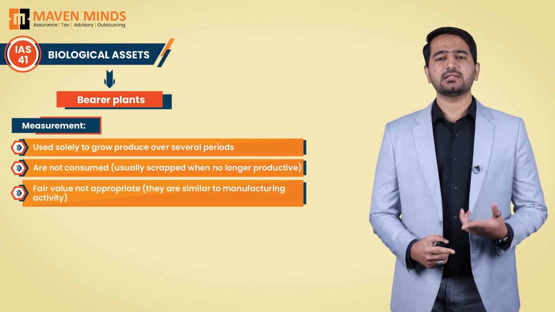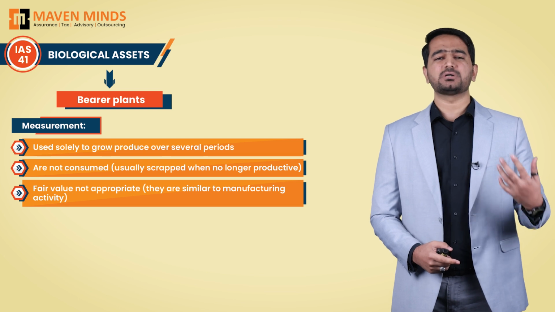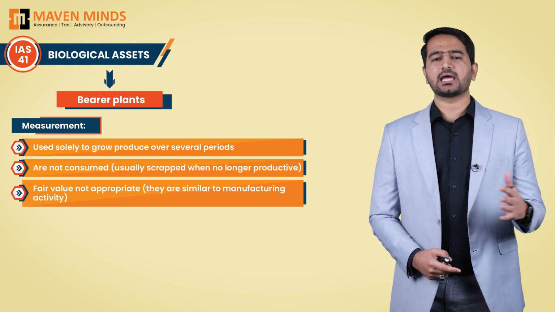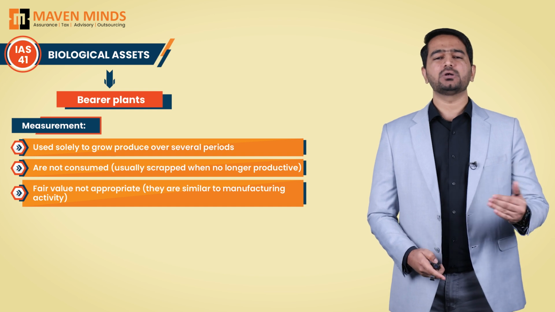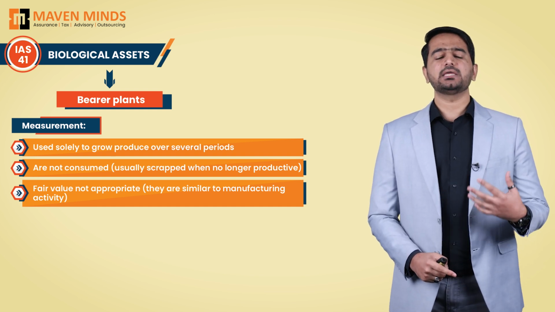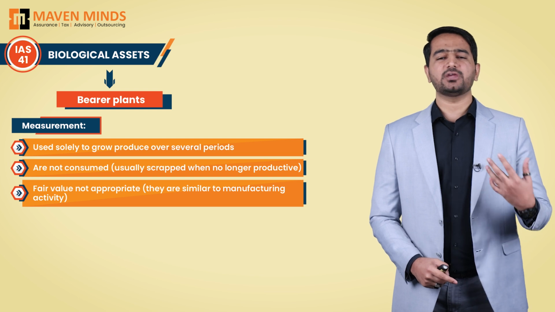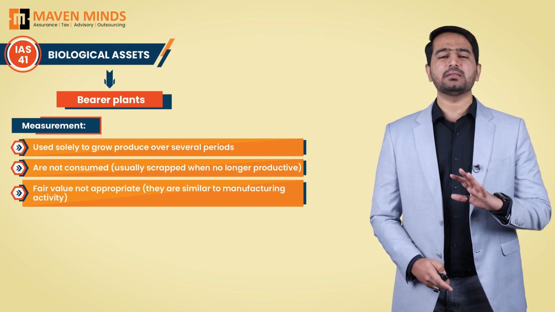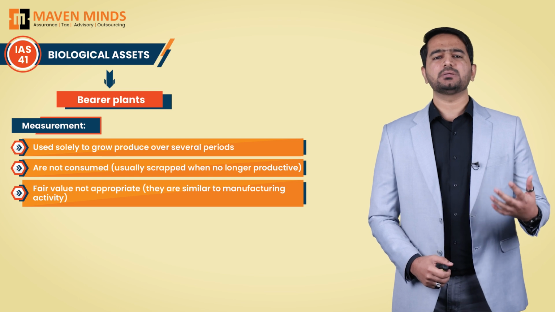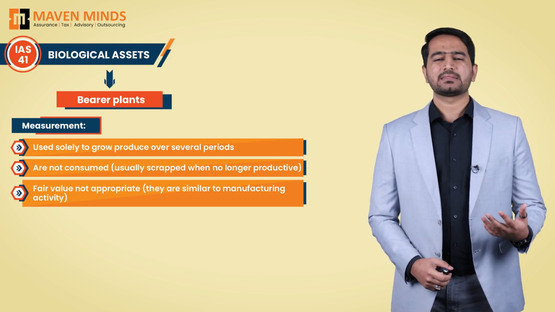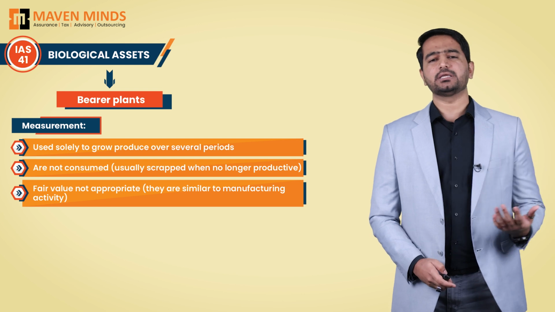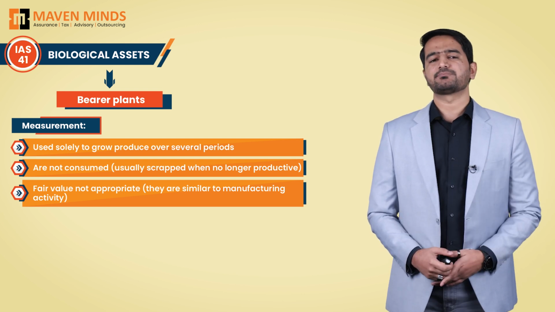The reason is that bearer plants are similar to machines in a factory. They help produce goods over time rather than being sold themselves. Second, it was nearly impossible to determine fair values for the bearer plants in many cases. Imagine trying to figure out the market value of a mango tree that is expected to produce mangoes for another 20 years. It's not easy.